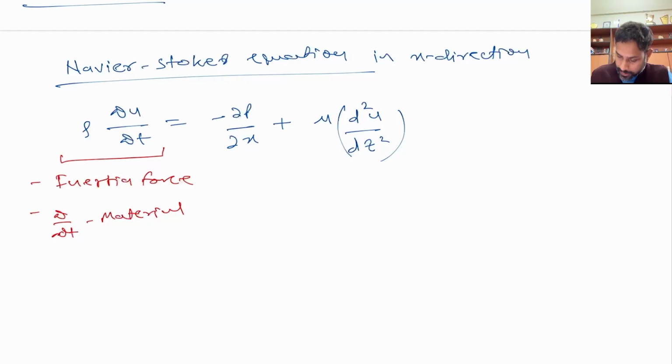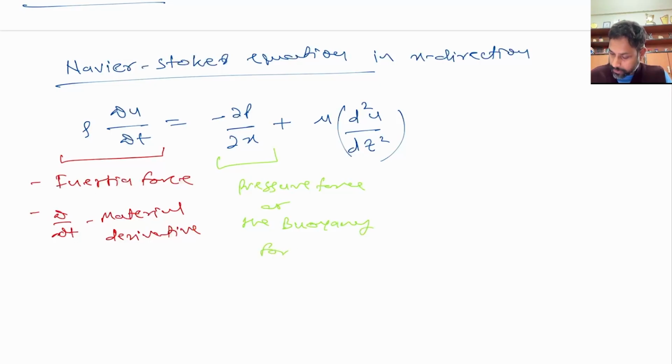If you remember, that is something we have done, right, and this represents the pressure force or the buoyancy force, right, because buoyancy force here is coming because of hydrostatic pressure, and that is why dp by dx is same as the buoyancy force.